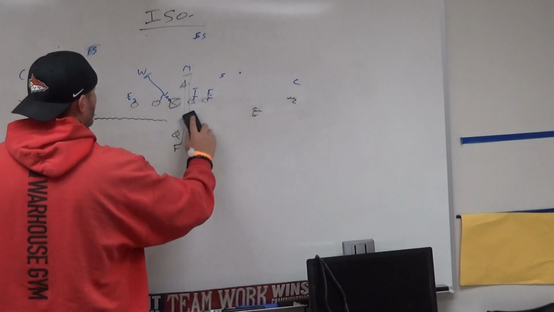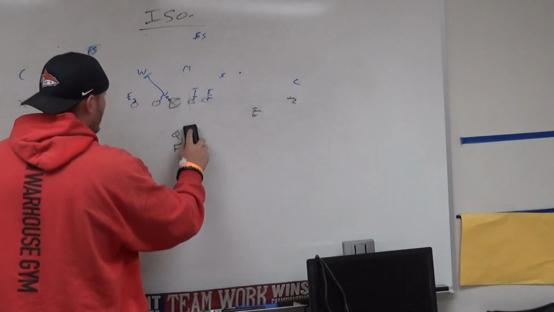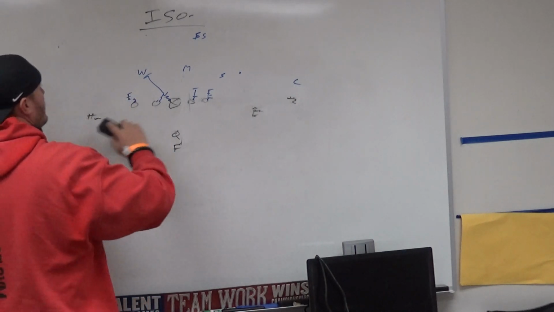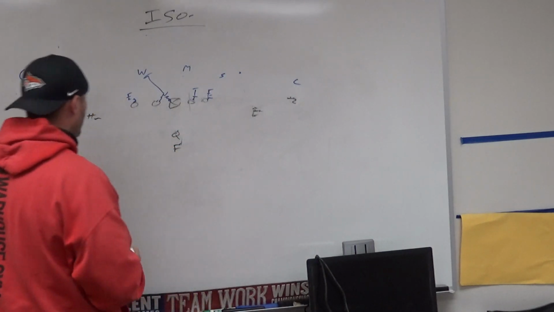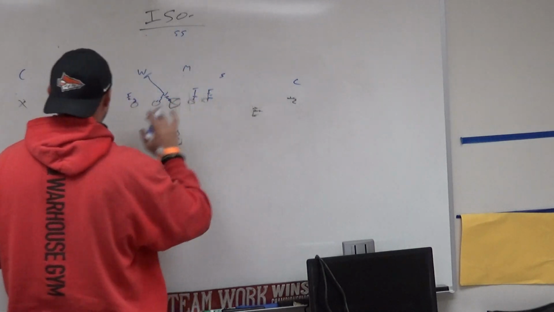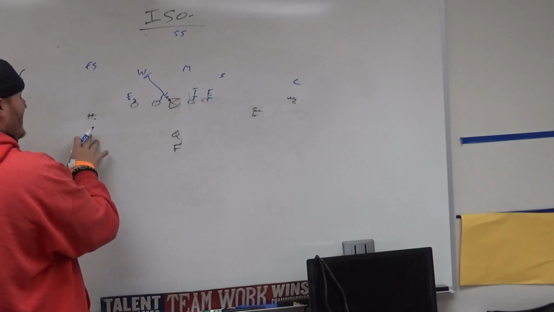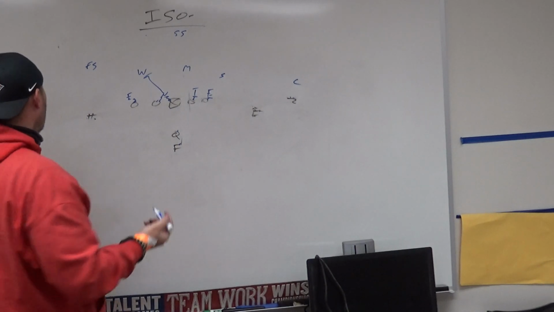If you don't have a motion, say you're running true QB ISO, like we were just talking about, then now you can have that read where it's a lot easier, where if that free safety is dropped down and that strong safety is more in the middle, and this Sam backer's playing games, so he looks over here, and that slant and out combo, really easy combination rather than doing bubble all the time.